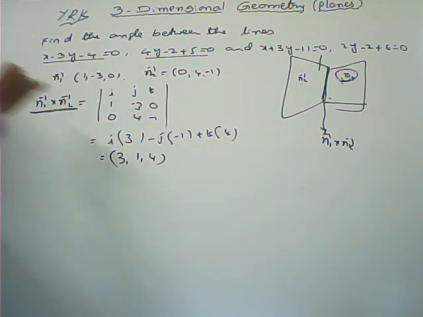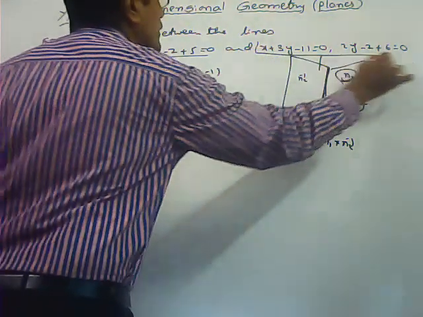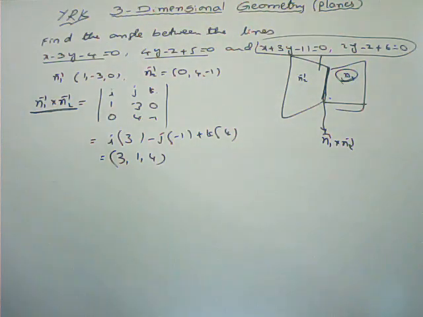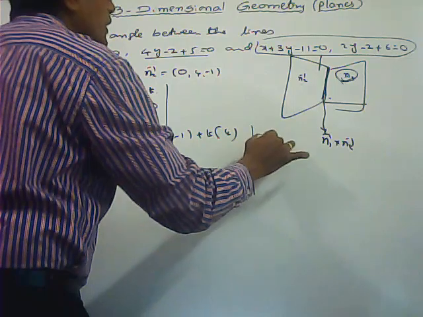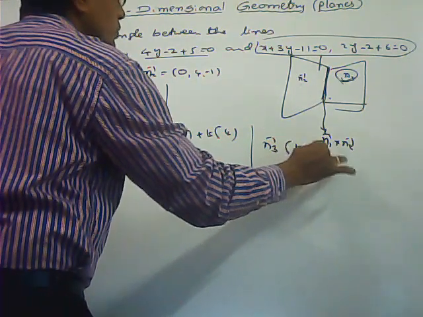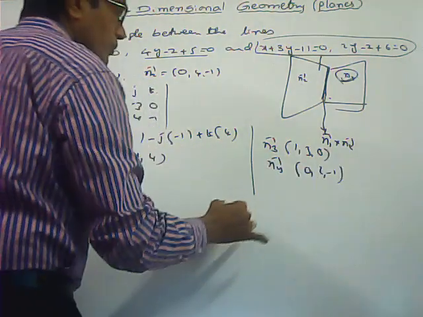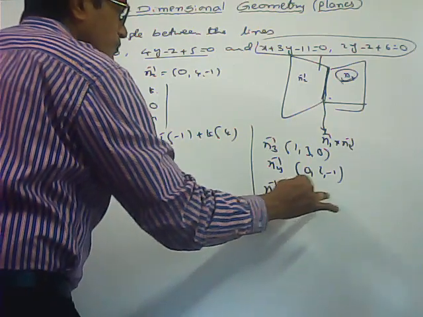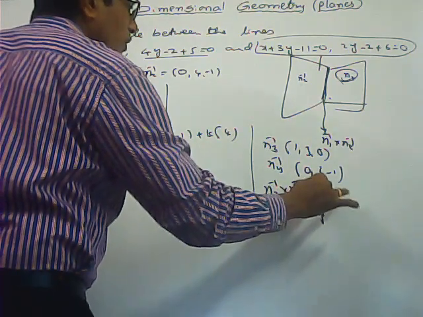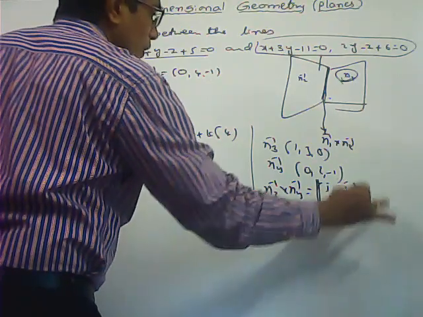That is the direction of that line. In the same way, here also we find the direction of the other line of intersection. There I take n3 bar equal to 1, 3, 0 and n4 bar equal to 0, 2, minus 1. So n3 bar cross n4 bar is the determinant of i, j, k; 1, 3, 0; 0, 2, minus 1.